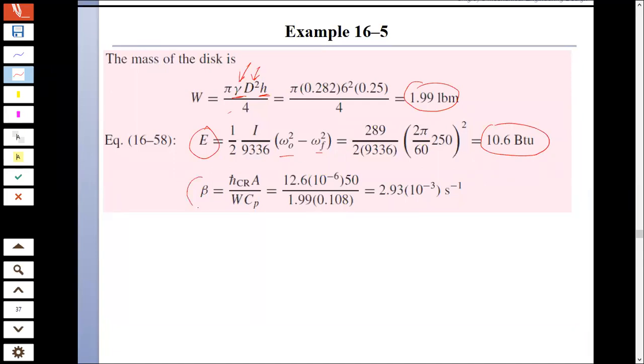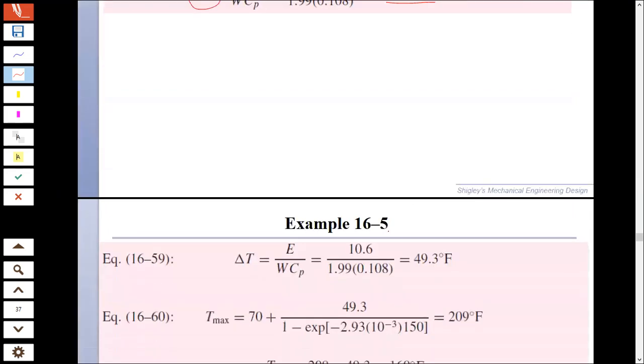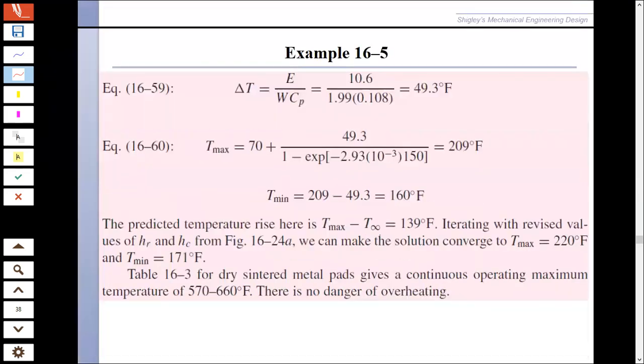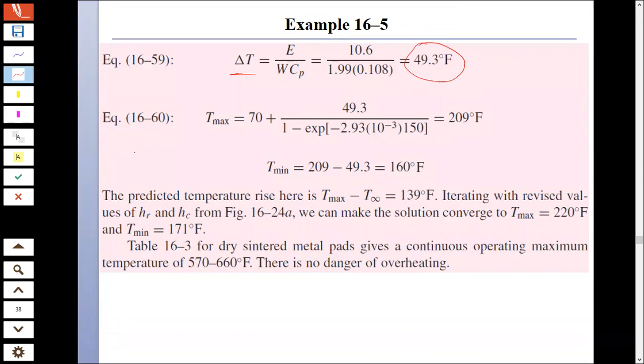Go ahead and find your beta by putting all the values. We have a relationship for delta T, which is E over W times Cp. So that is your temperature difference, 49.3 degree F. Go ahead and use equation 16-60 to calculate your T maximum, which is 160 degree Fahrenheit.